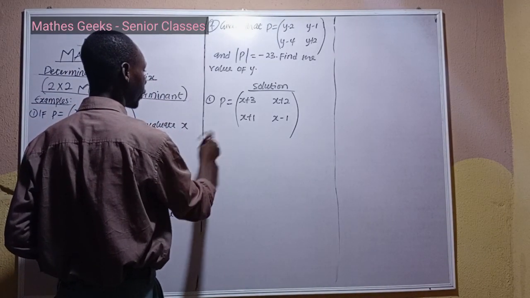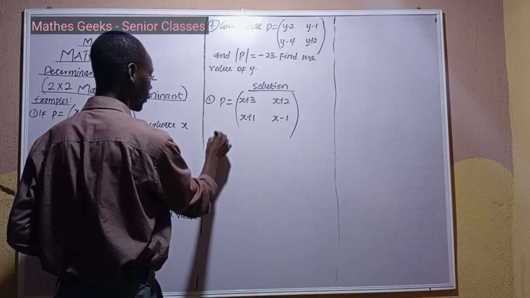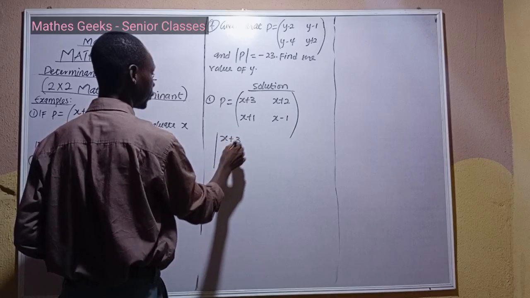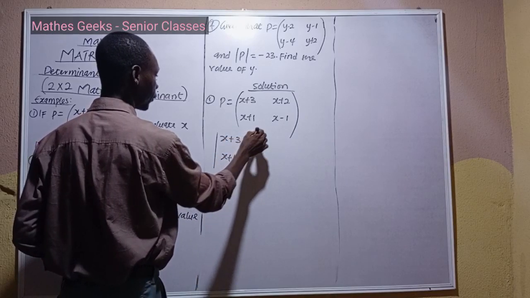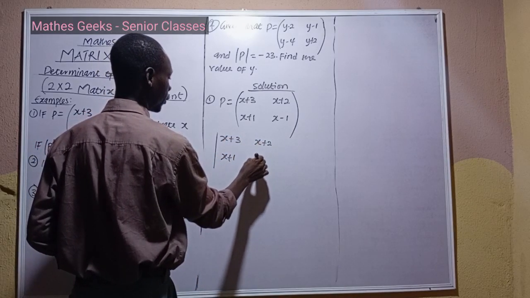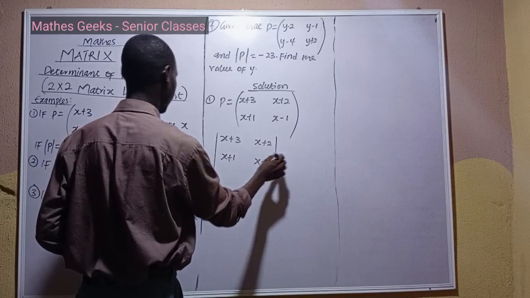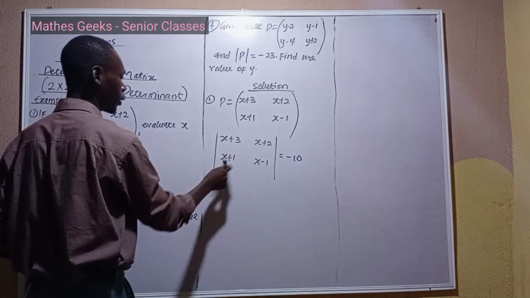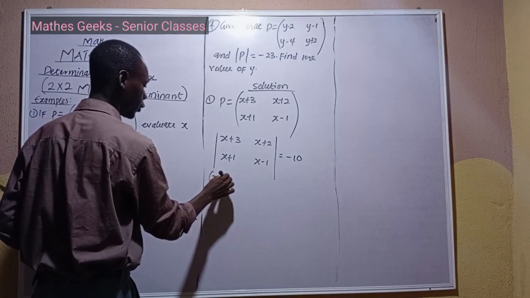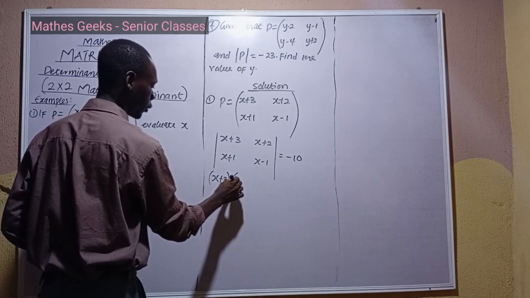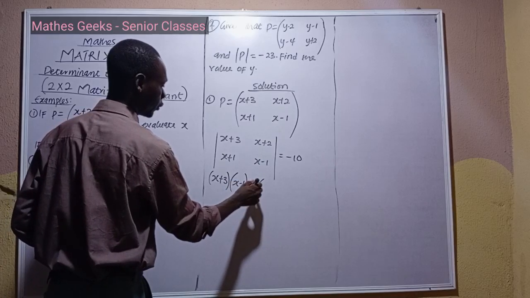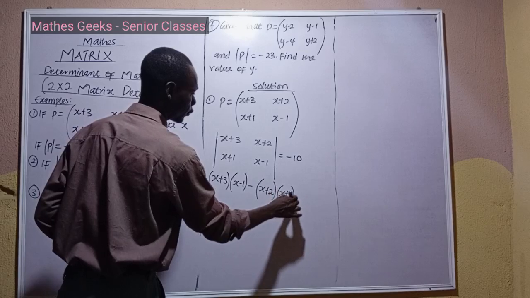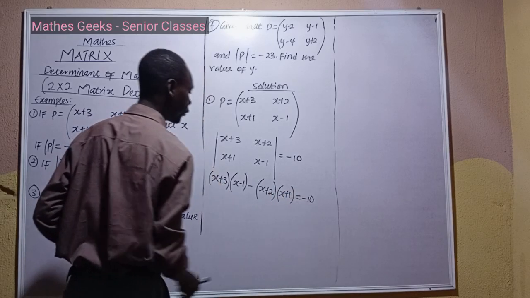It implies that the determinant of x plus 3, x plus 1, x plus 2, x minus 1 is equal to minus 10. So this will give us x plus 3 times x minus 1 minus x plus 2 times x plus 1 equals minus 10.